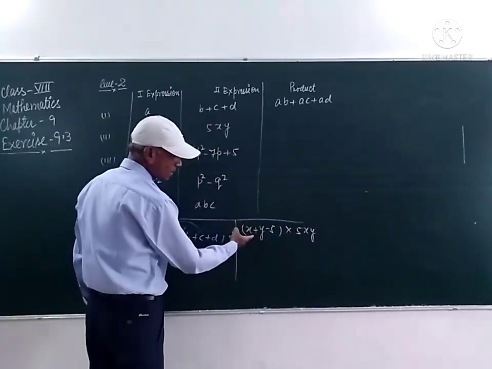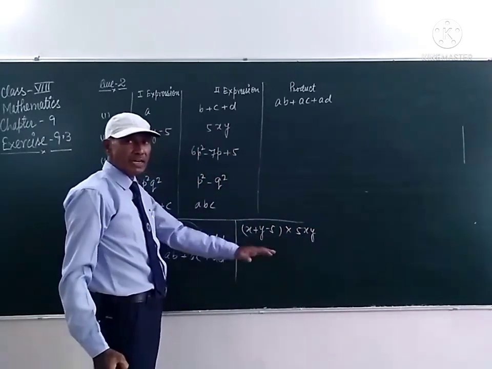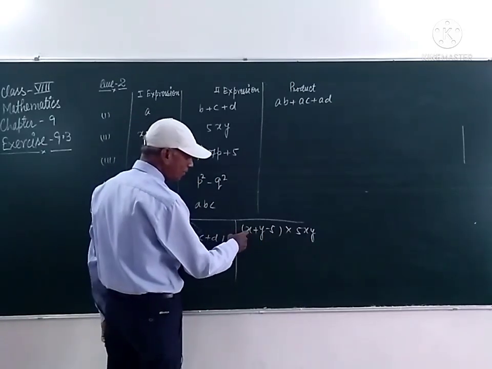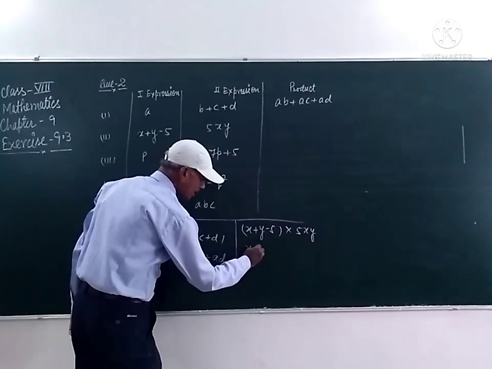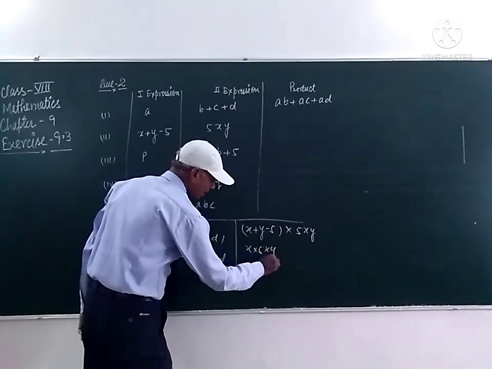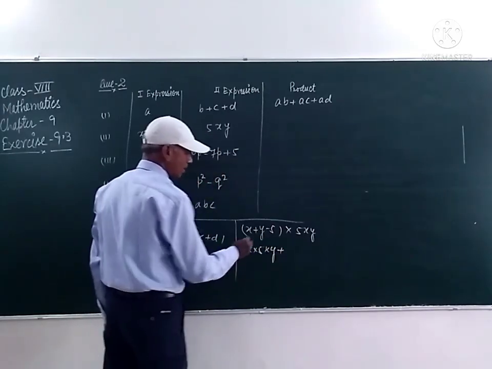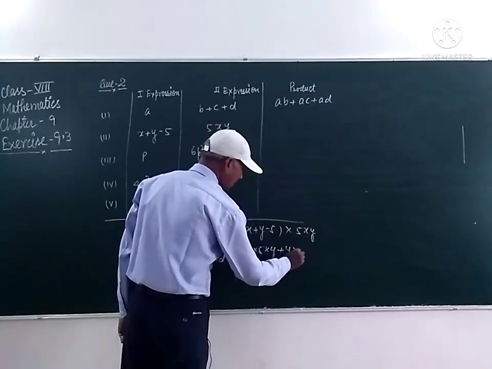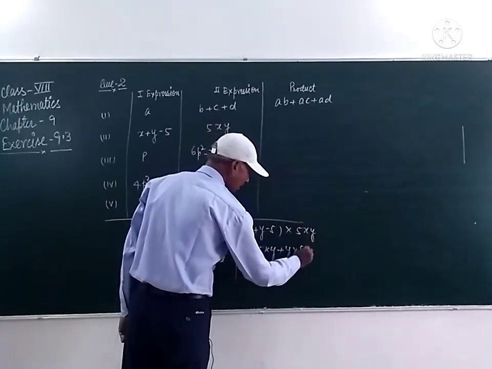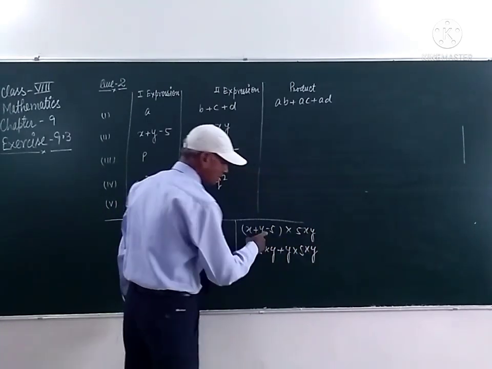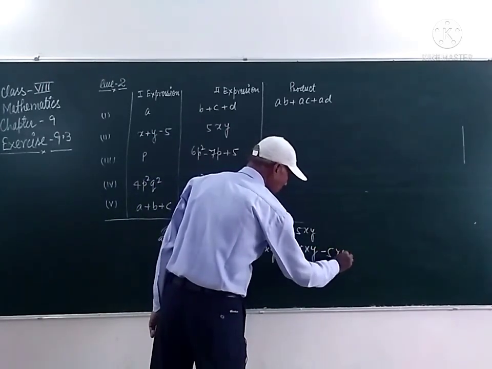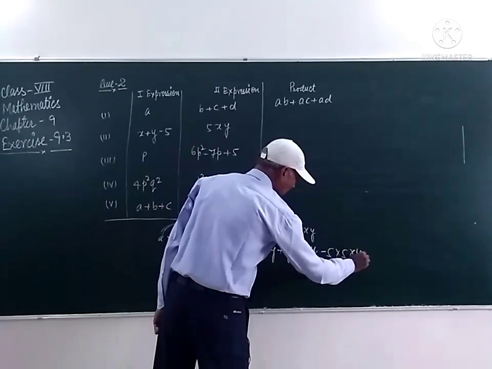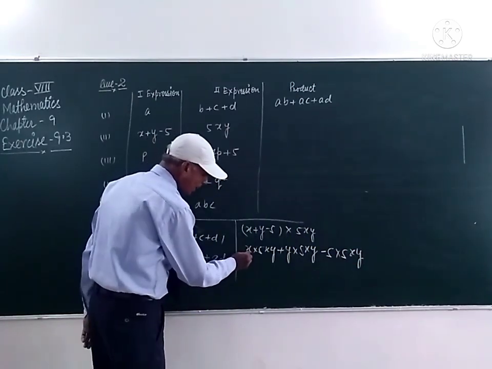This one is the first expression and this one is the second expression. So first of all we have to multiply this x with 5xy. So x into 5xy plus y into 5xy. This one is minus, student, so minus 5 into 5xy.